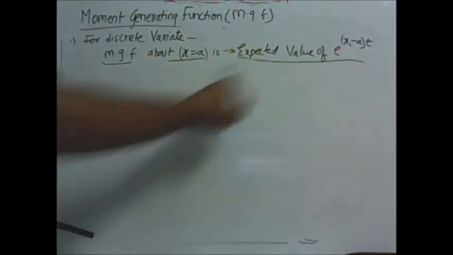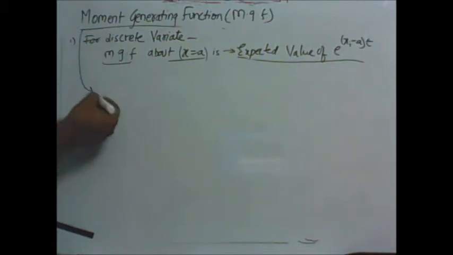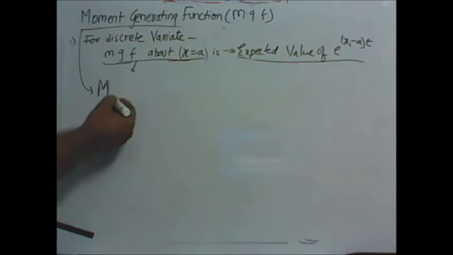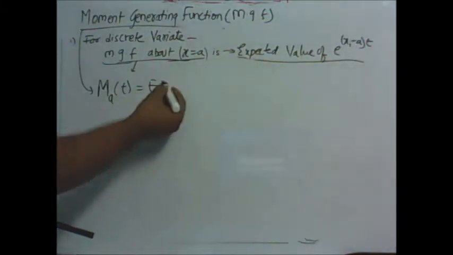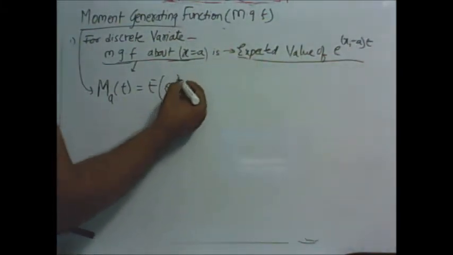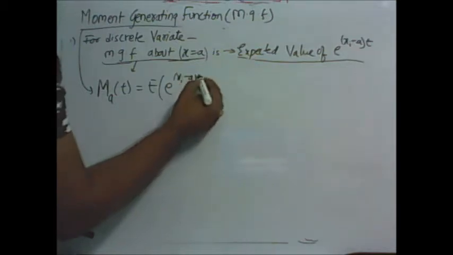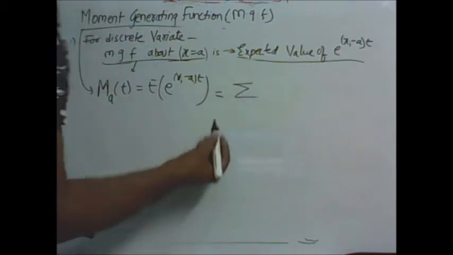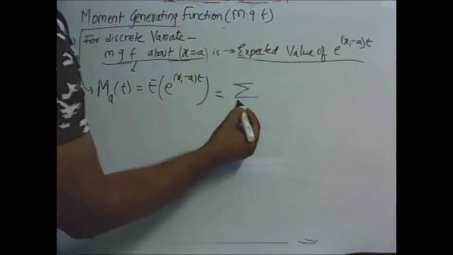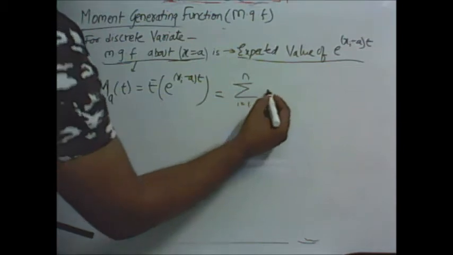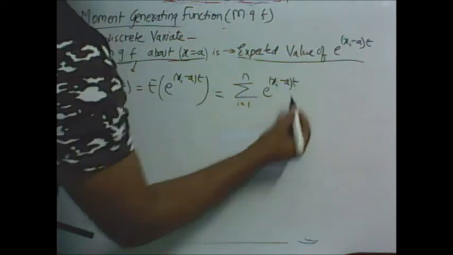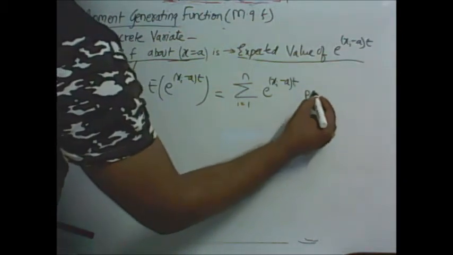It is denoted by capital M_a of t equal to expected value of e power xi minus a into t, which, as it is a discrete case, will be sigma i equal to 1 to n, e power xi minus a into t into p of xi.